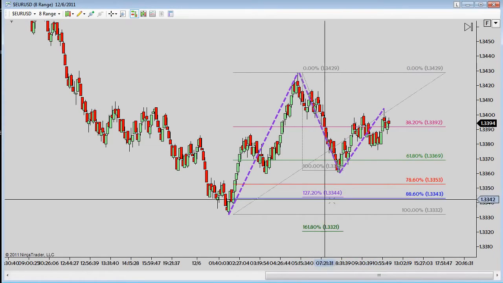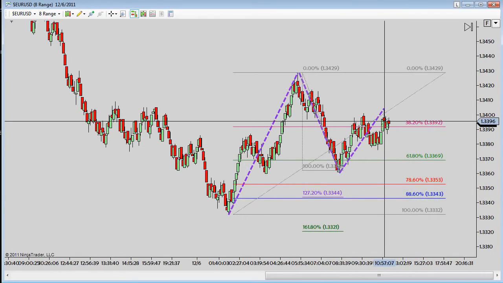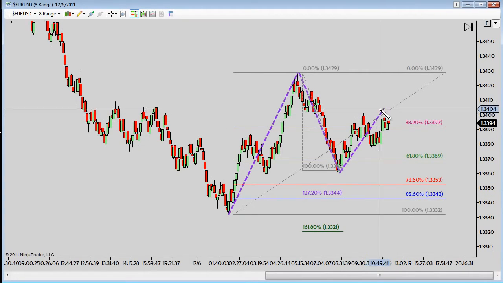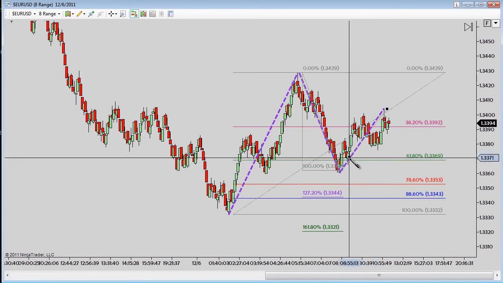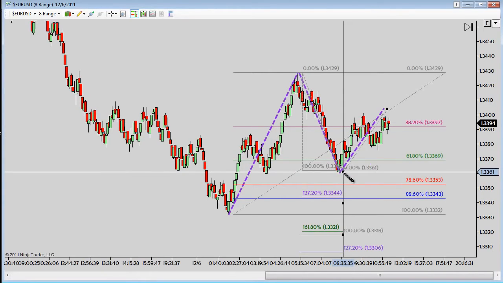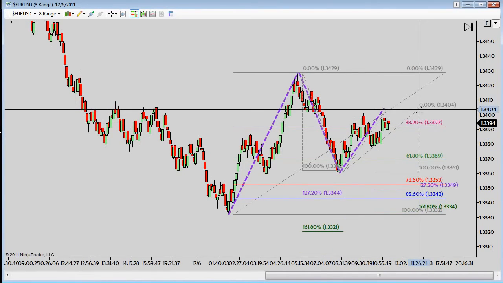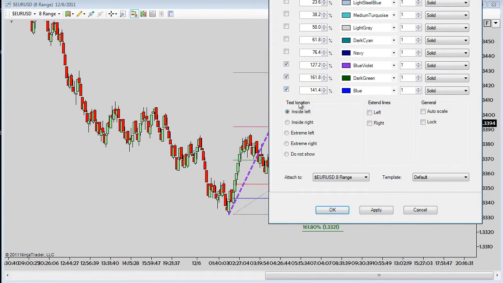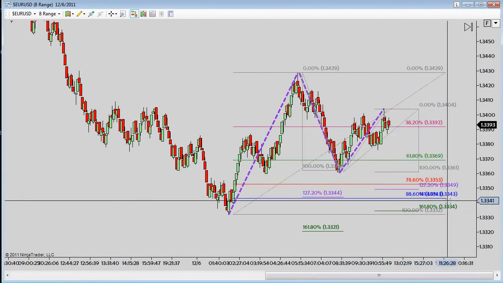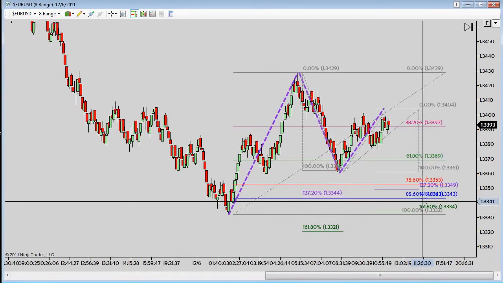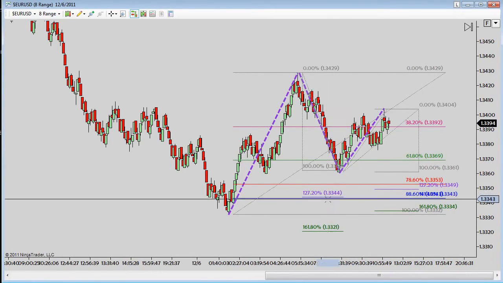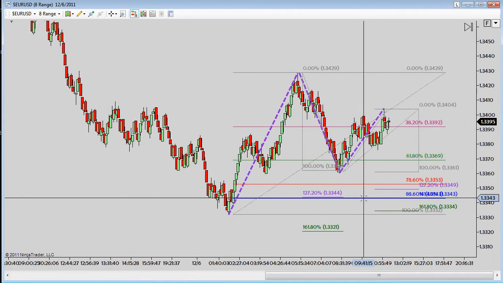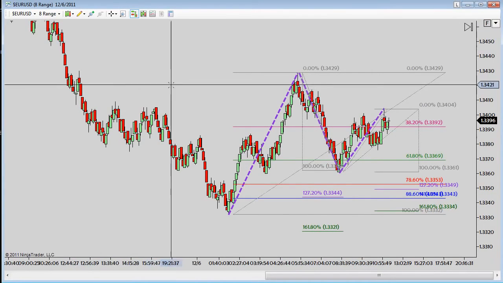So I have 127 886 ratio confluence, and now if I go ahead and bring in an inverted Fibonacci extension from the B to C leg, what you're also going to notice here is that I also have 1414 ratio confluence with that as well. It may be hard to see, but I have a 1414, a 127, and an 886 ratio confluence here for a completion.